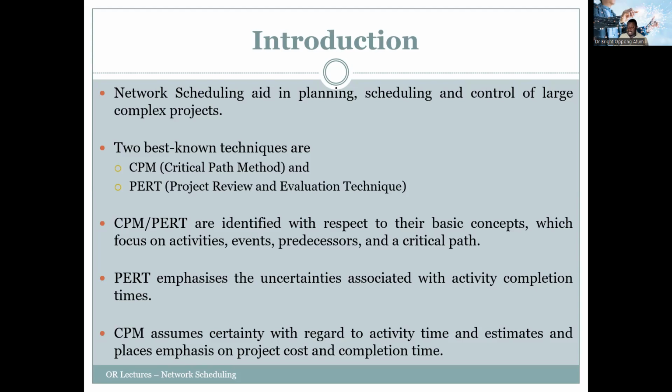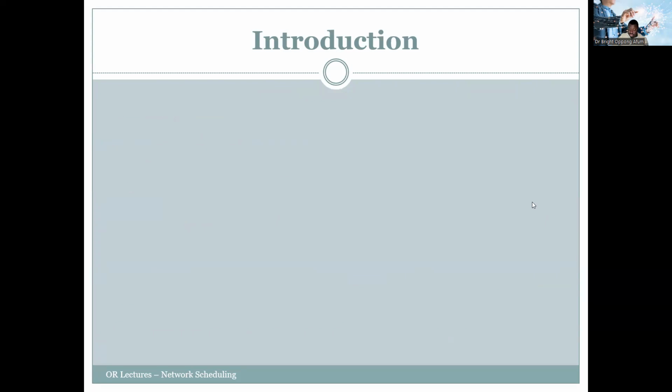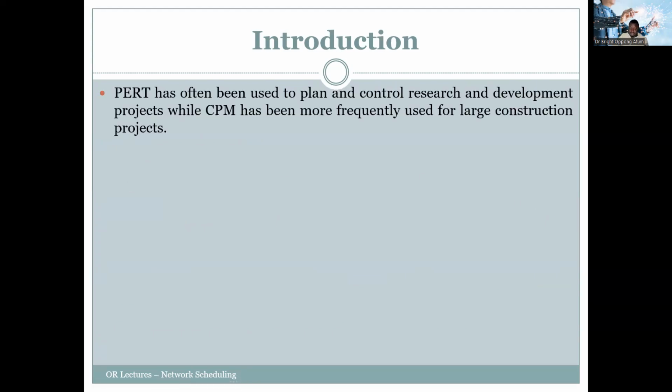So we are actually certain about activity time. Our estimates are usually much more accurate in terms of the CPM, and much emphasis is placed on project costs and completion time. So you see that PERT has often been used to plan and control research.